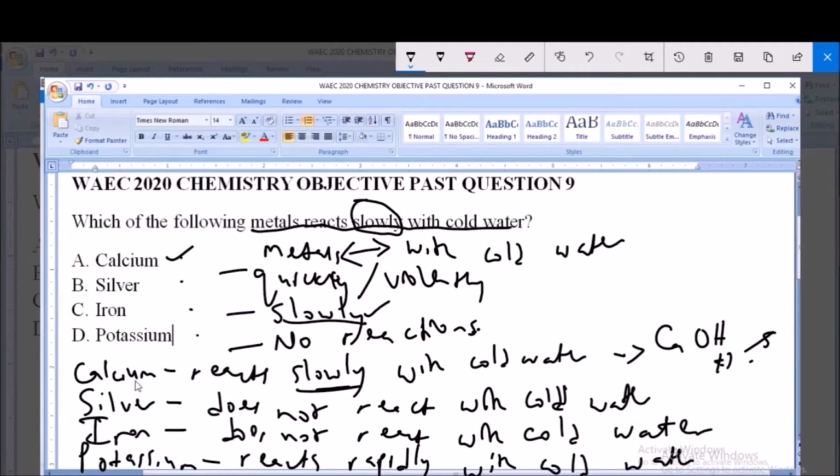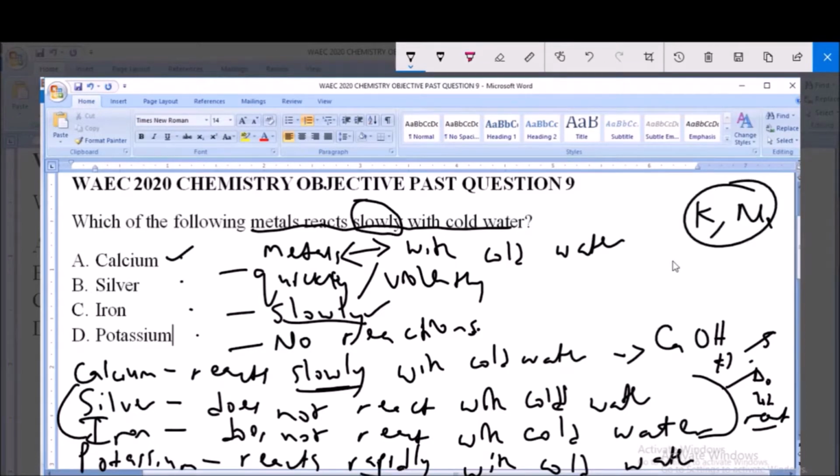Silver and iron are lower series metals. So lower series metals do not react with cold water, while the alkali metals, potassium and sodium, react rapidly with cold water.